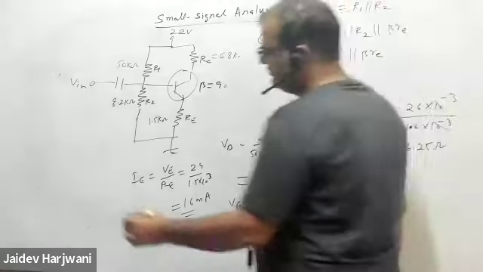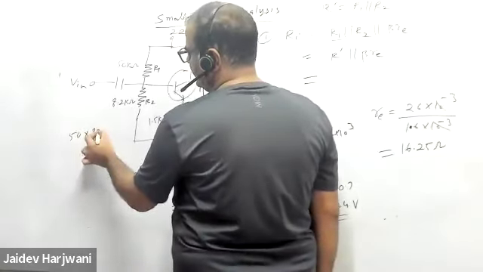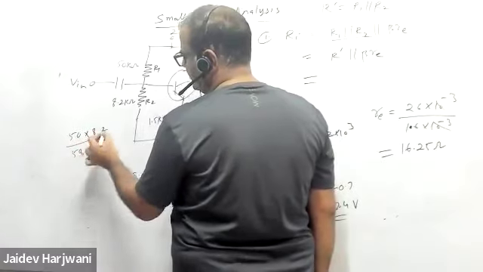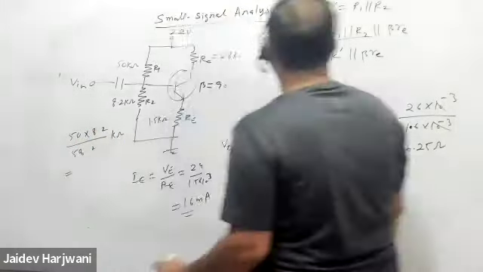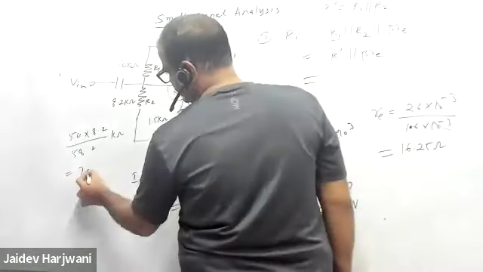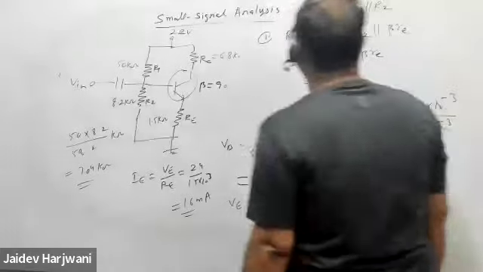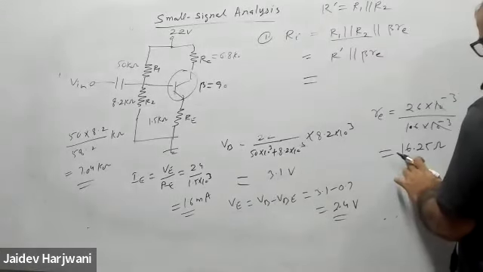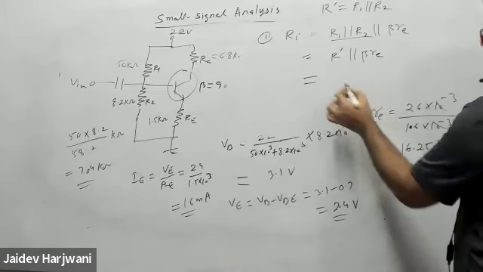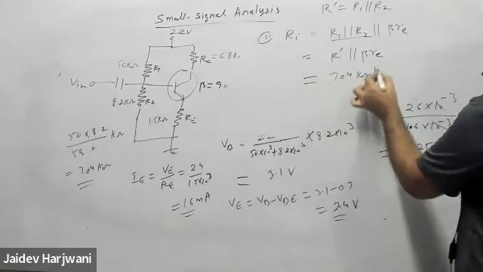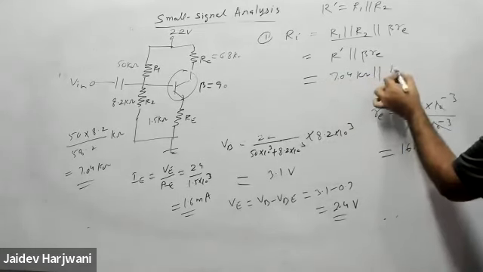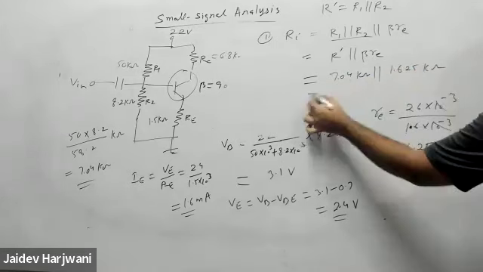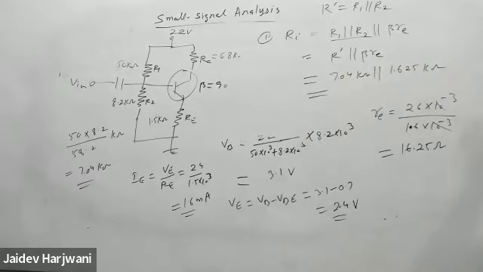R dash is 56 into 8.2 divided by 64.2, which is 7.04 kilo ohm. This 7.04 kilo ohm is parallel to beta re, 100 multiplied by 16.25, which is 1.625 kilo ohm. Approximately it will come to 1.3 or something.